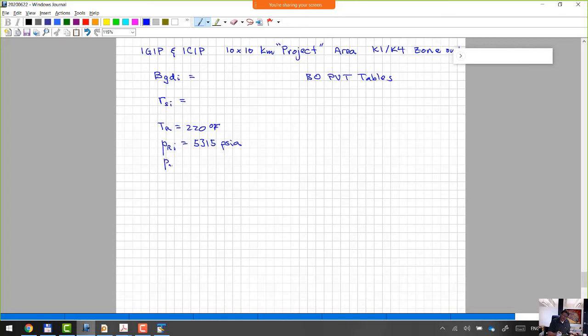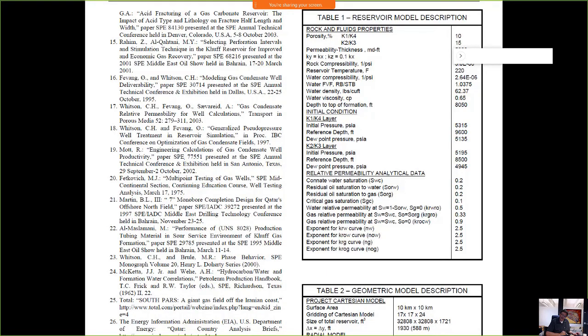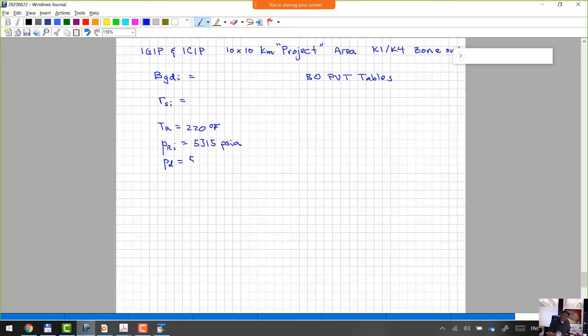Dew point is given to be 5135. So from this, we can read the little RSI from the saturated tables. And it's table 1.